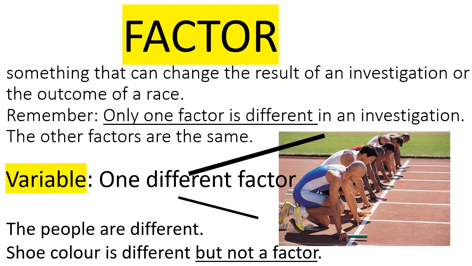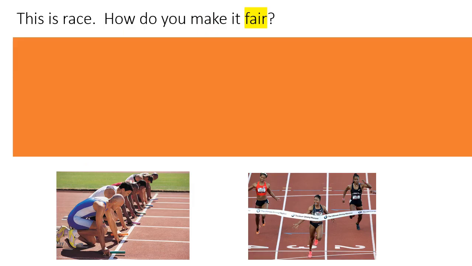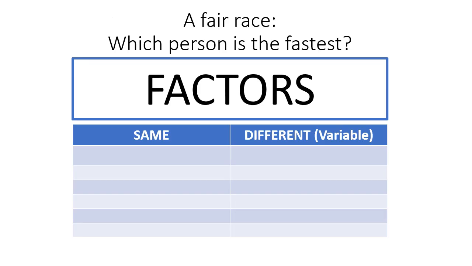Sometimes there are things in the investigation, or for example this race, that are not factors, like the color of the uniforms. Okay, the color of the uniform does not affect who wins the race. It's just their style. So we had the conversation about how do we make a race fair, or how do we make a science investigation fair.